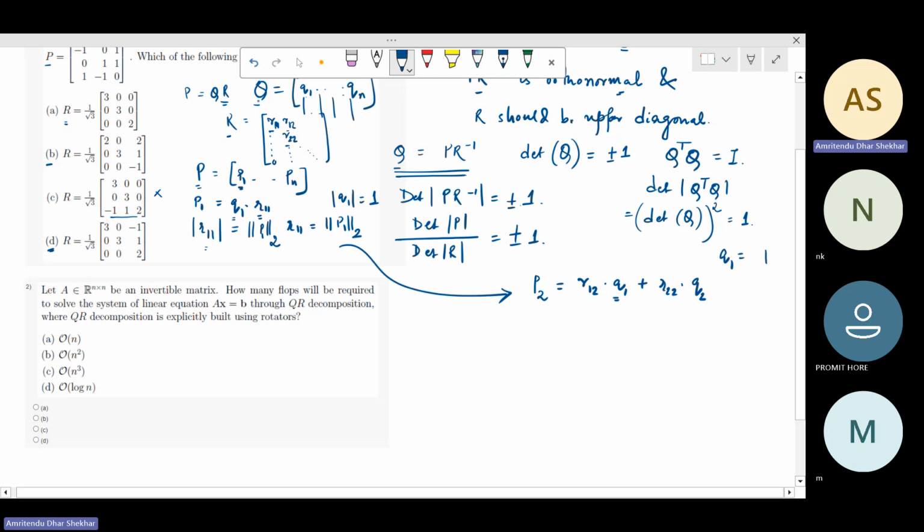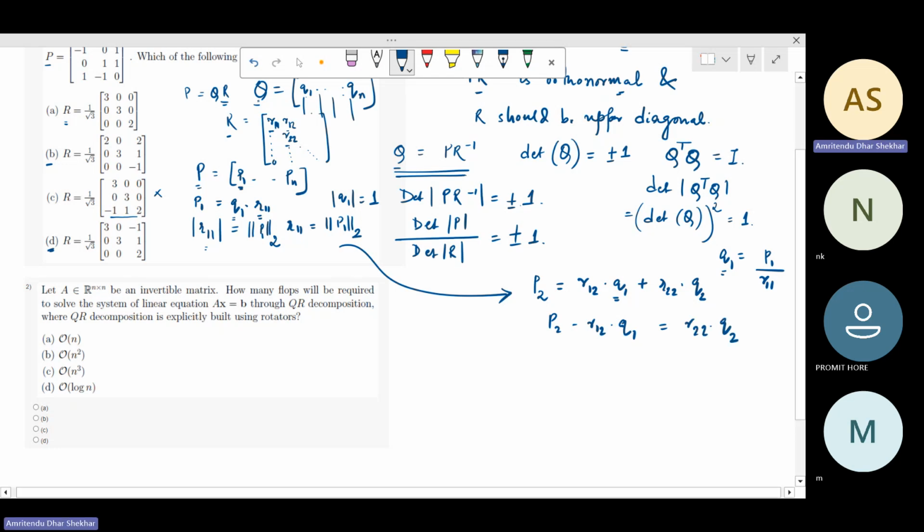Q1 is equal to P1 by R11. Remember, Q1 is a vector. This is a column vector. P1 is a column vector, and the R's are the scalars that I'm computing. So essentially, P2 minus R12 Q1 is equal to R22 times Q2.